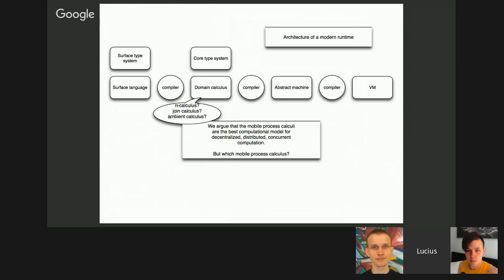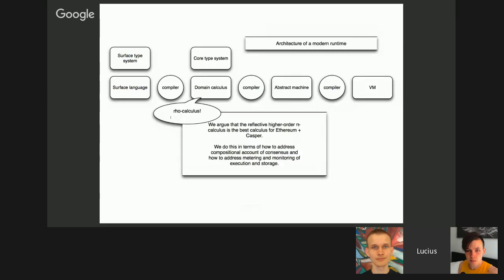Of course, there are a lot of those, and so the question is, which one? Pi calculus, join calculus, ambient calculus. My argument has now taken a kind of bold step, which is to say that a reflective form of higher order calculus is best. And I argue this in terms of the features that are emerging in Ethereum plus Casper.